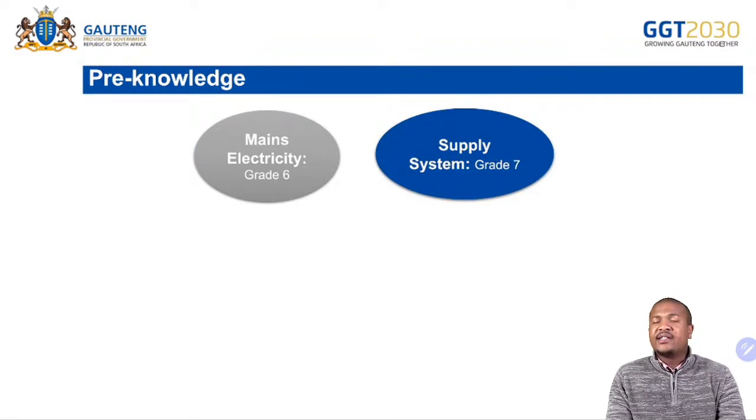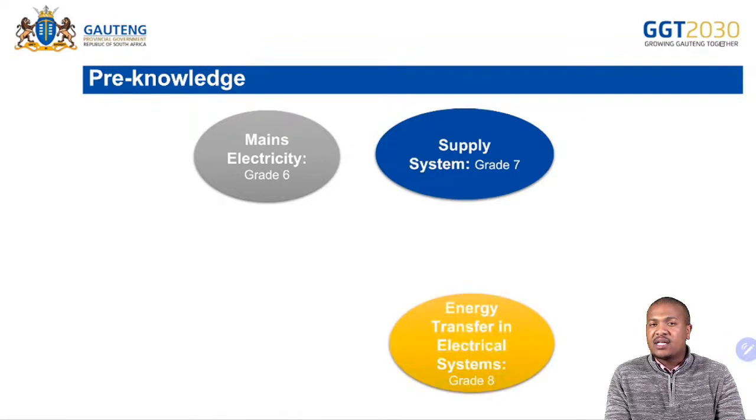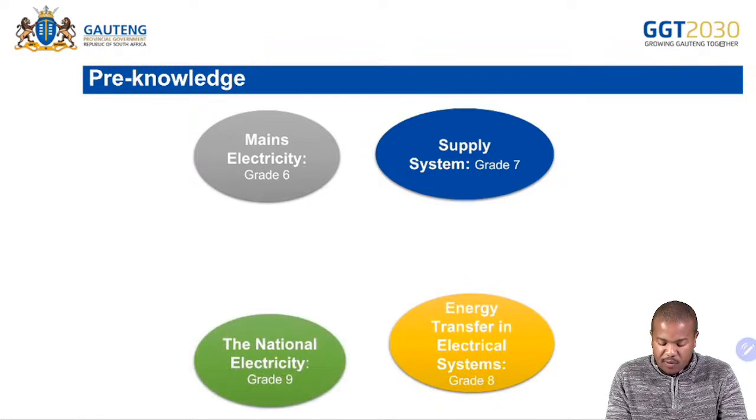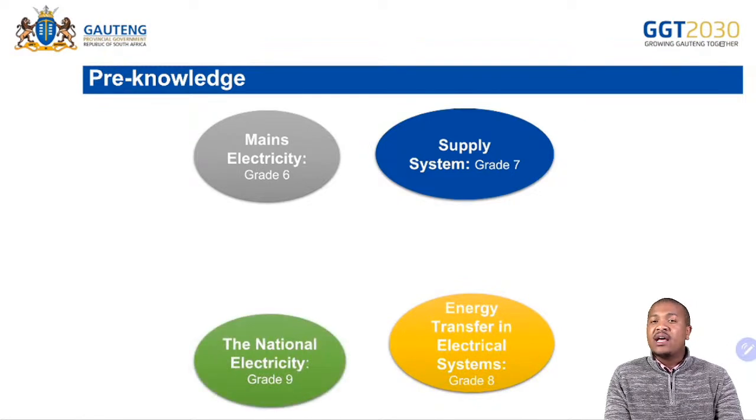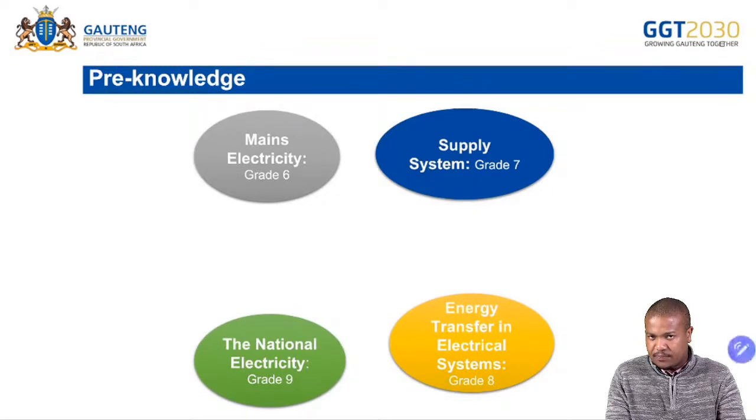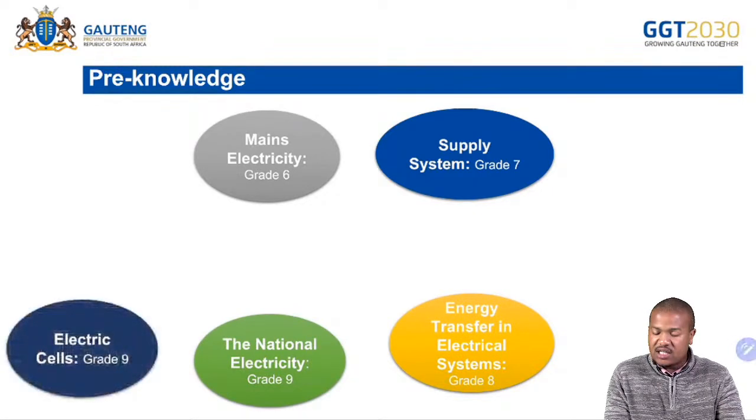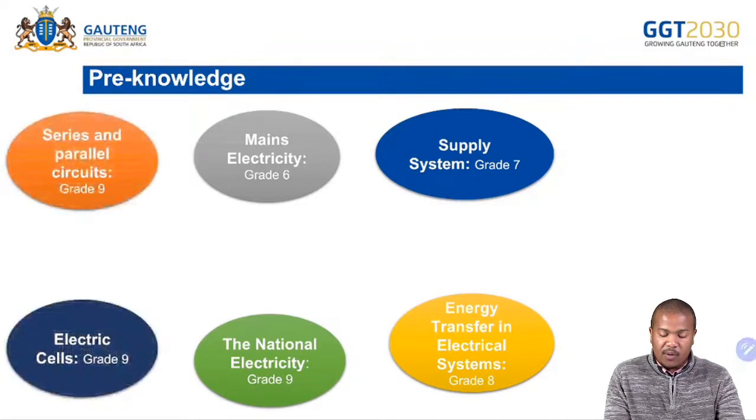Then in grade 7, we talked about the supply system. In grade 8, we talked about energy transfer in electrical systems. In grade 9, we talked about national electricity, electric cells, and also series and parallel circuits.